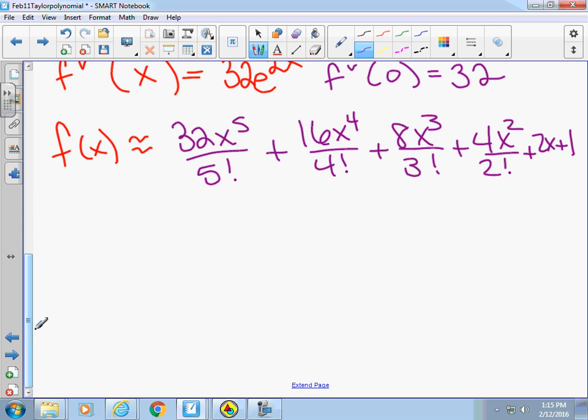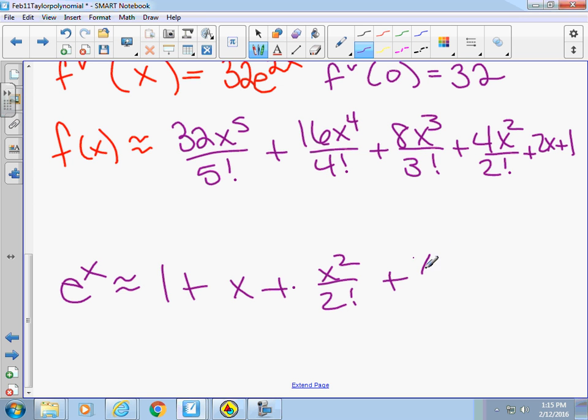Hey, any questions about the 5th degree Taylor polynomial that models e to the 2x? You just use that equation. Okay, so let's look at the equation. What is the equation for e to the x from your calculus helper? Okay, so we would go all the way to the 5th, right?